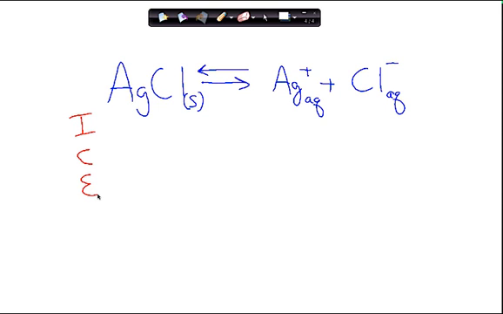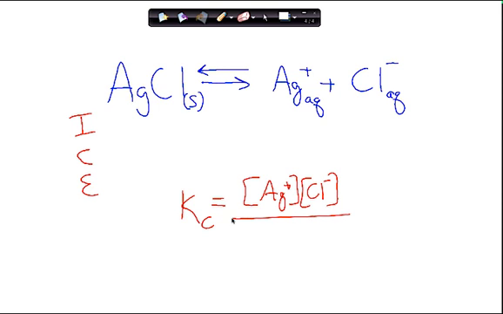In order to icebox this, when we icebox, we eventually end up populating an equilibrium expression, right? Products divided by reactants. So guys, what is our Kc going to look like? Well, we've got products, Ag plus and Cl minus, and then we've got our reactant, AgCl.